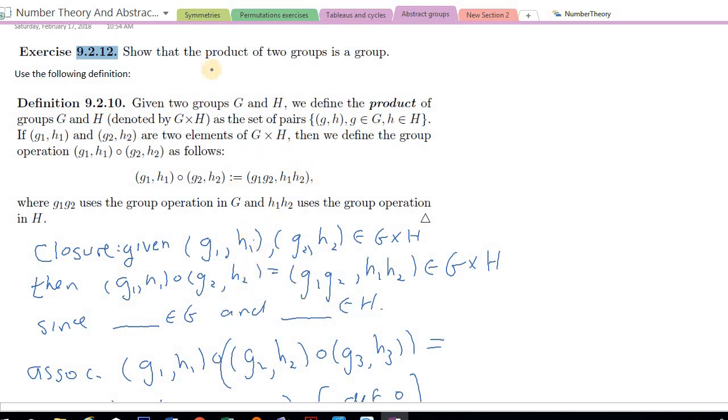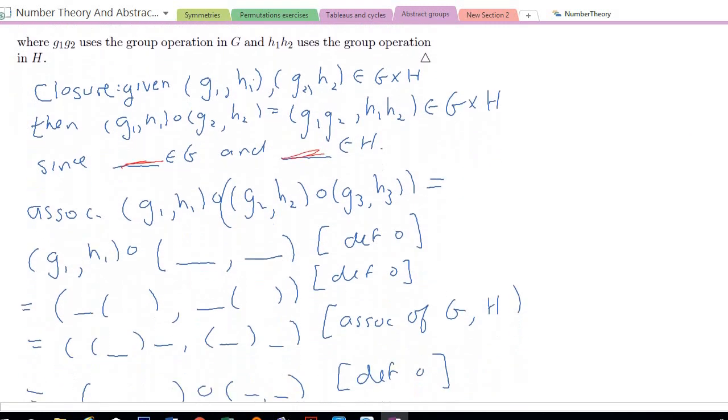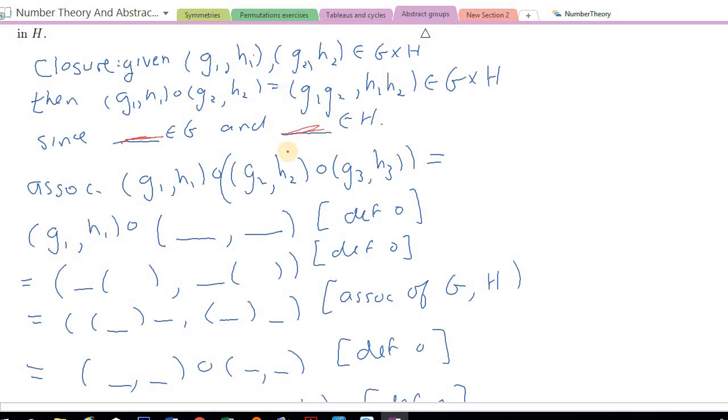I gave some blanks here for you to fill in. So you fill in this blank here and here. Each time you make a step, you should give a reason. Now, because you're space limited, you may want to put more than one step on one line.